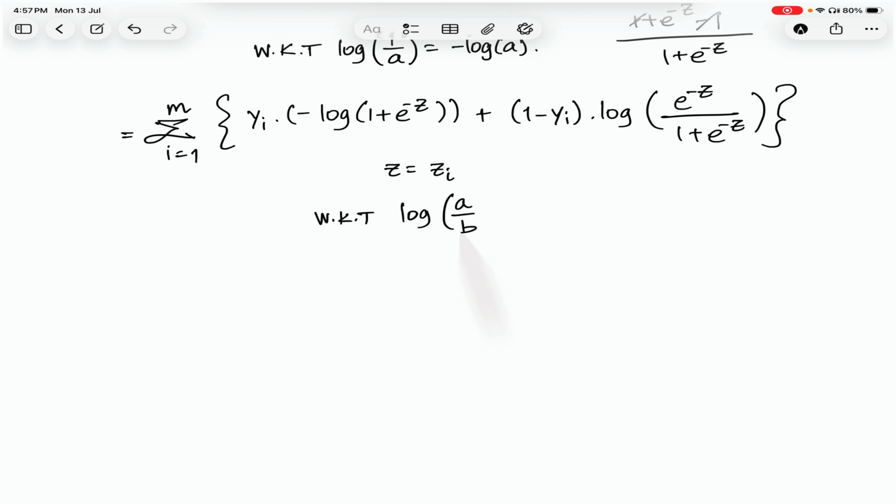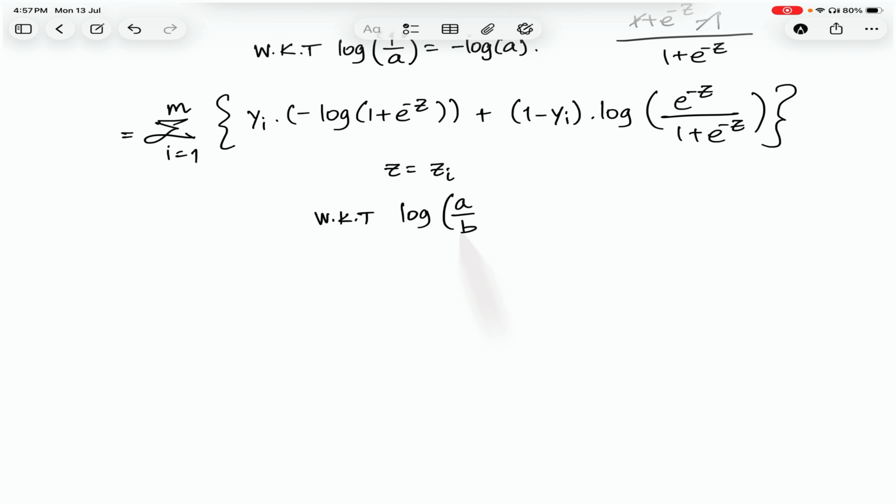Minus yi log 1 plus exponential negative z plus log of exponential negative z minus log of 1 plus exponential negative z, minus yi times negative z plus yi log of 1 plus exponential negative z.